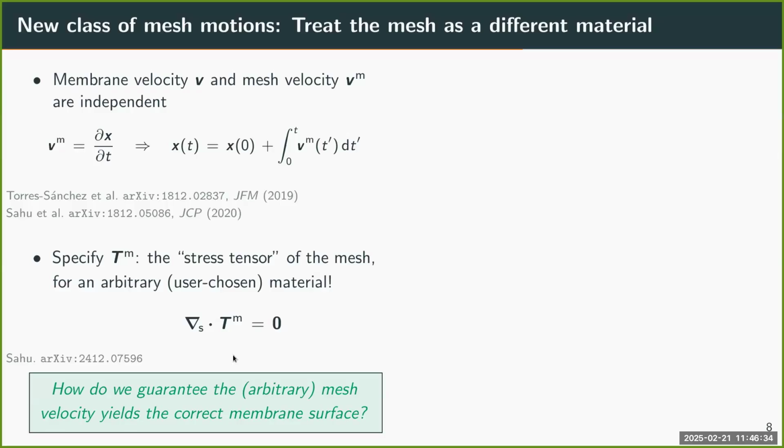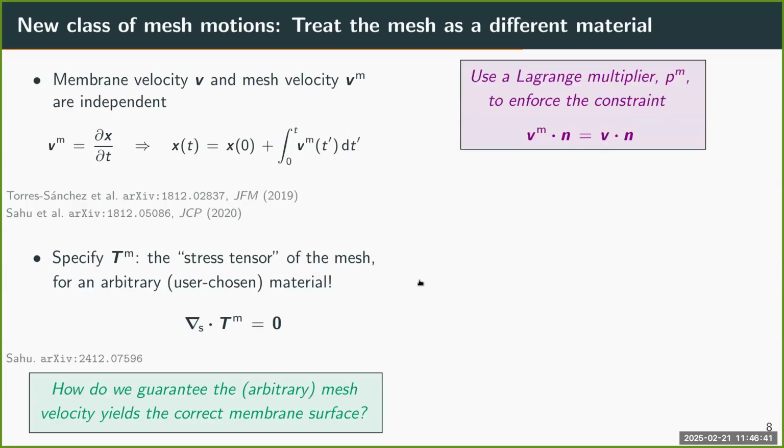Because we know that the membrane itself is going to want to deform over time. It turns out that we can enforce that the membrane surface and the mesh are always coinciding with the following constraint, which we sometimes call the kinematic constraint. Here we're essentially saying that the normal velocity of the mesh must always agree with the normal velocity of the membrane.